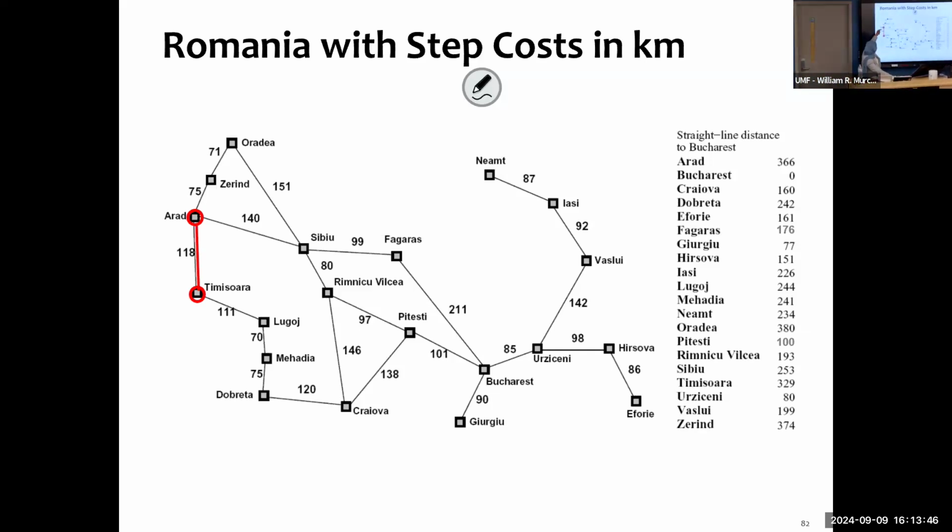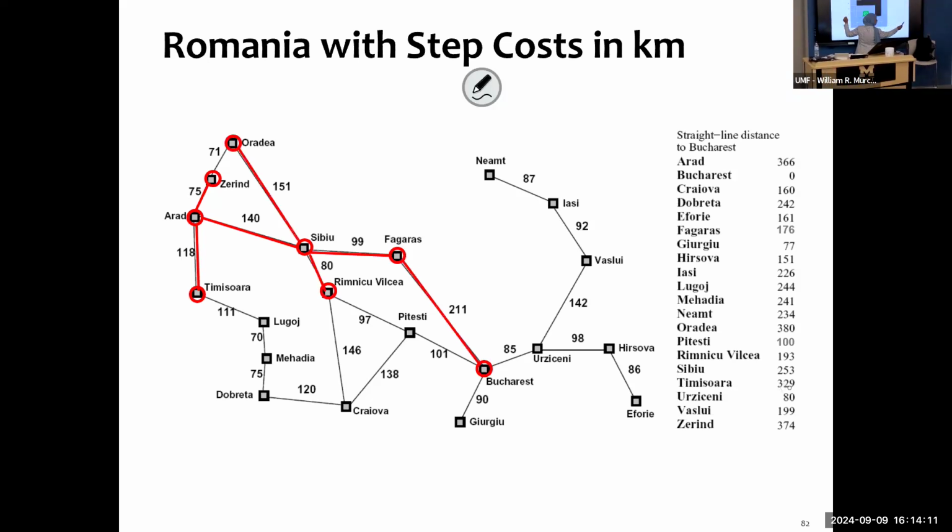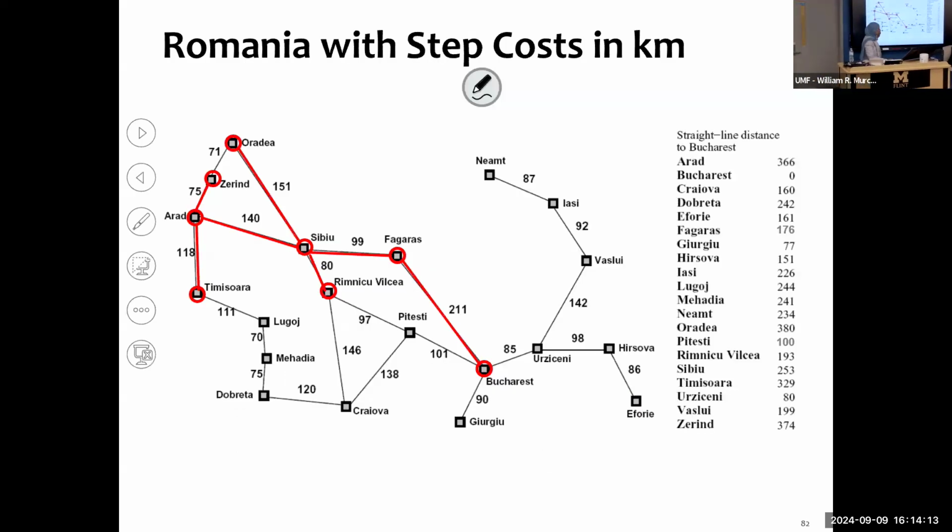Now, for example, from Arad, we are going to move to this one, then this one, then this one. How to choose after that? You check the heuristic value of this state, which starts with T. It's 329, is that clear? You keep the values in the list.